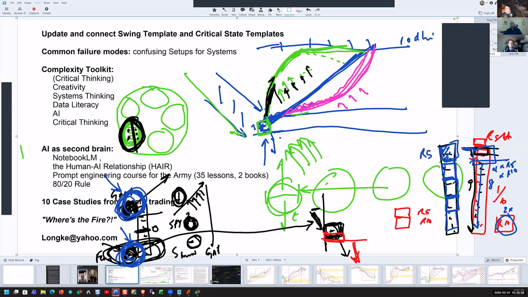And then if I use either an R5 or an R10, I'm either going to have a 9-to-1 or a 4-to-1 intraday reward to risk. So I don't have to worry about justifying the quality of that move.